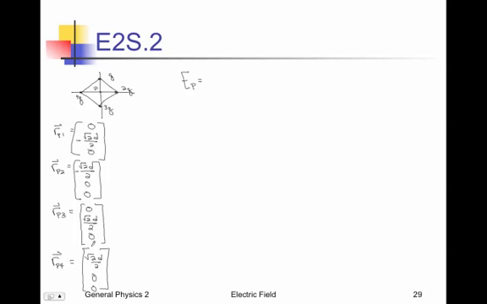Okay, so now to calculate my electric field due to each one of the charges, I'm going to use KQ over the square root of 2 times D over 2, cubed. And now this is going to be R1. So this is the magnitude of RP1, the magnitude of this vector, and so I know that's going to be the square root of 2 D over 2, because that's what R is equal to.